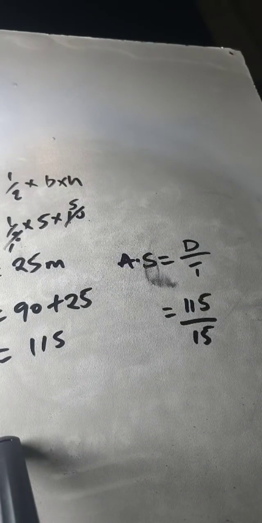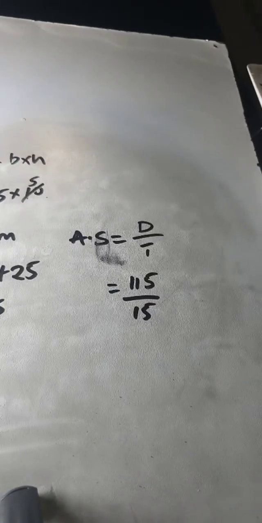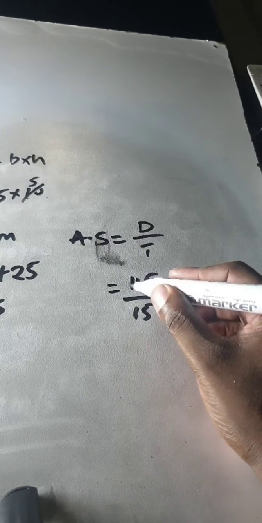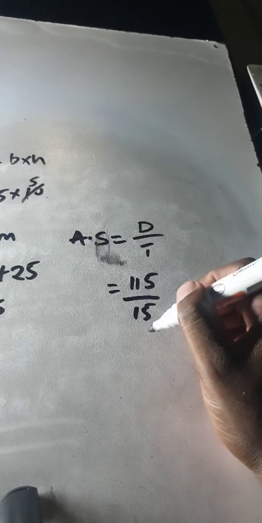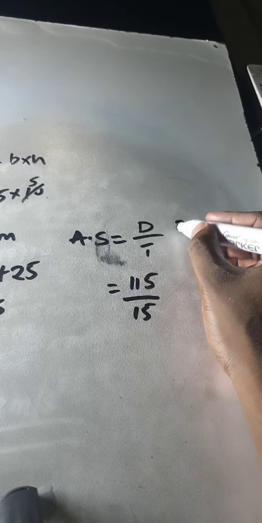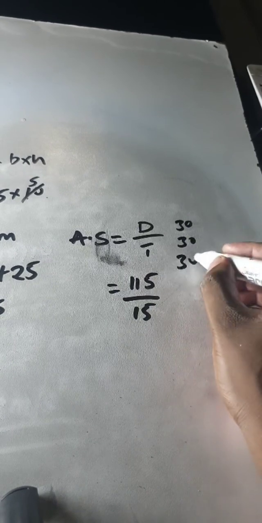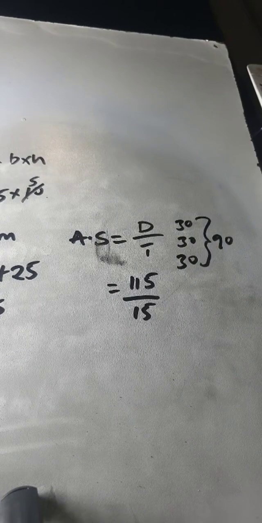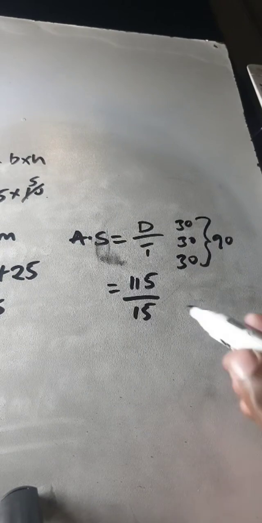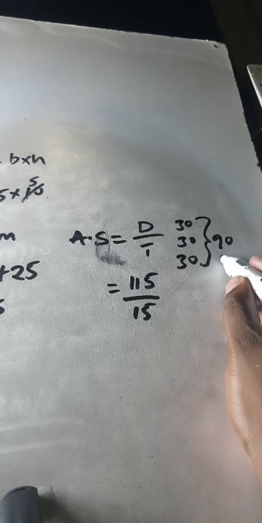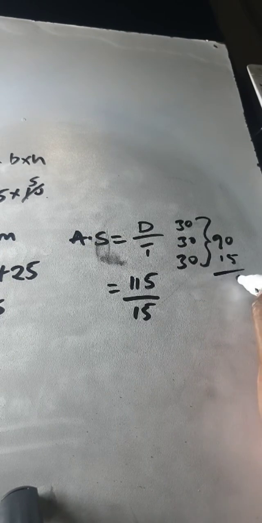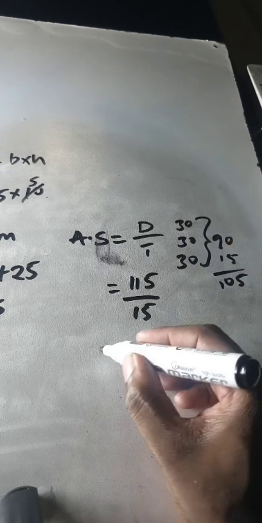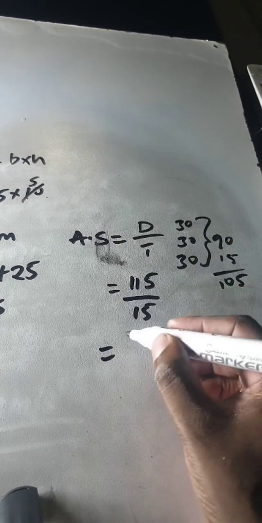Then, ladies and gentlemen, to work this one out quickly, let's do this. 15 into 115. We know that 6 times 15 is 90. Then we add 15 and it passes 105, so it is 7. So 15 into 115 is 7.